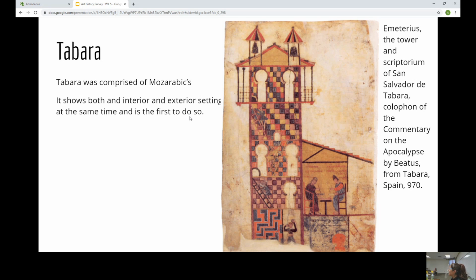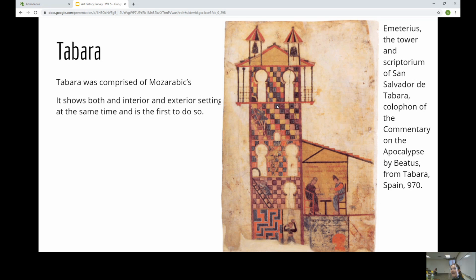They also had their own illuminated manuscripts, very heavily influenced by, well, you remember the one from yesterday that showed the interior and exterior at the same time? This one does the same thing, and from almost the same region too. The one we talked about yesterday was from the Alhambra, Cordoba region of Spain. This one is also from Spain. But here we have the exterior and interior at the same time.